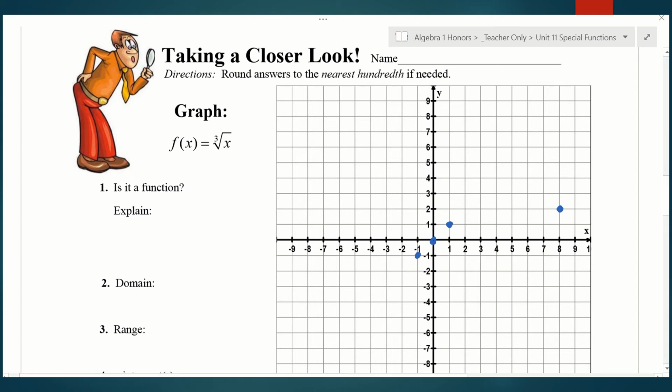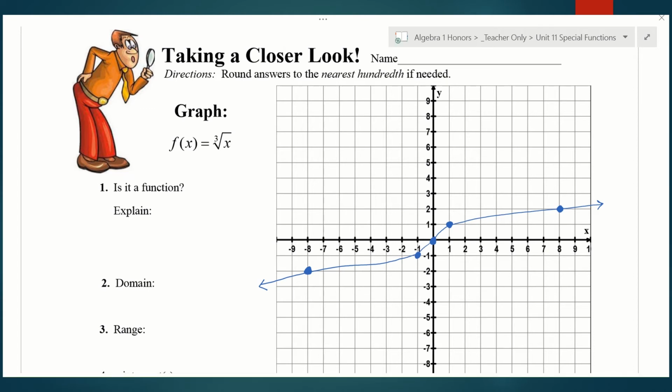Similarly, if I take the cube root of negative 8, my answer would be negative 2, because negative 2 times negative 2 is 4, and 4 times negative 2 is negative 8. So this is definitely an interesting looking function here. I'm going to connect it, and it looks like that. So kind of a low but squiggly line in a way.